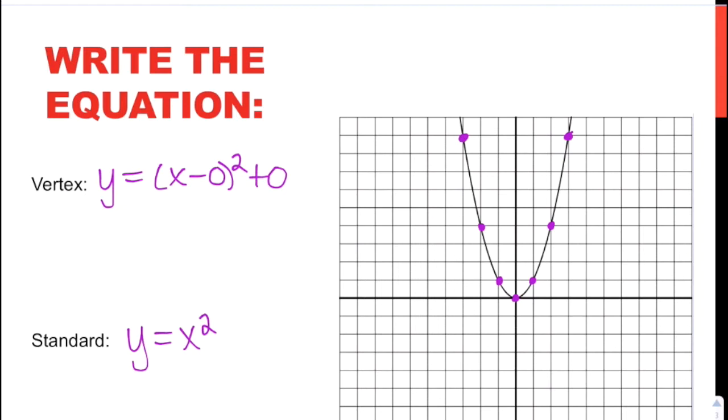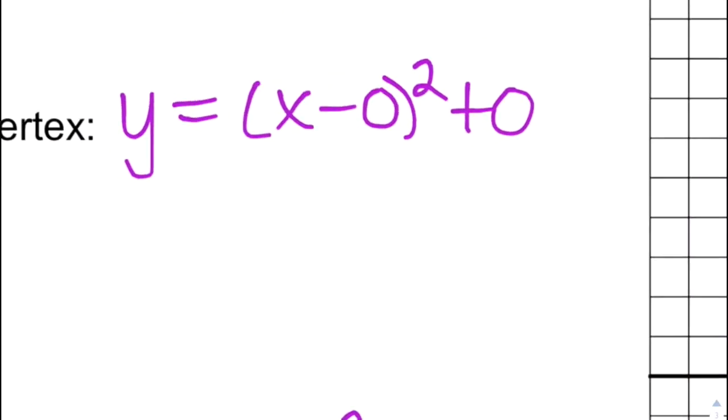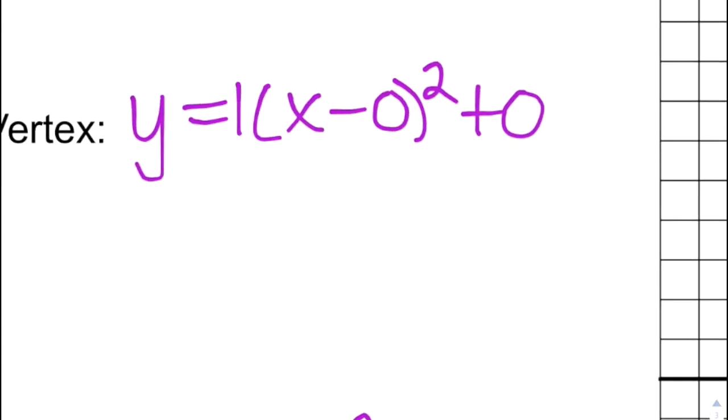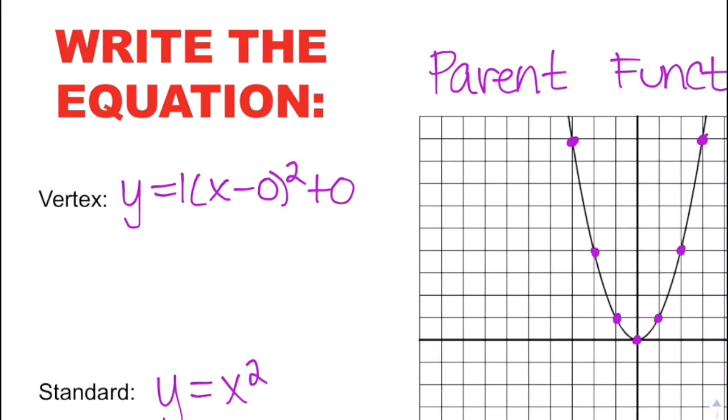We know from our parent function that a is 1 for this graph. So if you wanted to, you could put a 1 in front. Remember, your vertex equation is a times x minus h squared plus k. Your first step today is always to plug in your vertex.